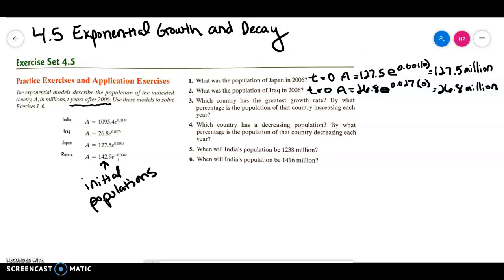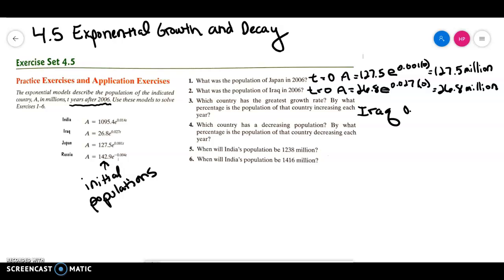E is constant in all of them. We are using the all-powerful E for this particular model. So really the only other value that I have to take a look at here is my exponent, which is being multiplied by the time. So if that's the amount per year that it's changing, that should make sense. So if I look for my greatest growth rate, it would just be the largest of those very small values, which would be Iraq.